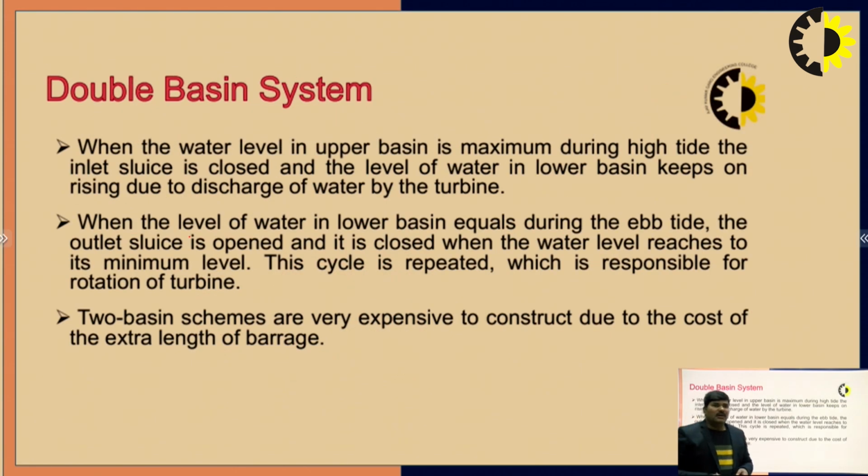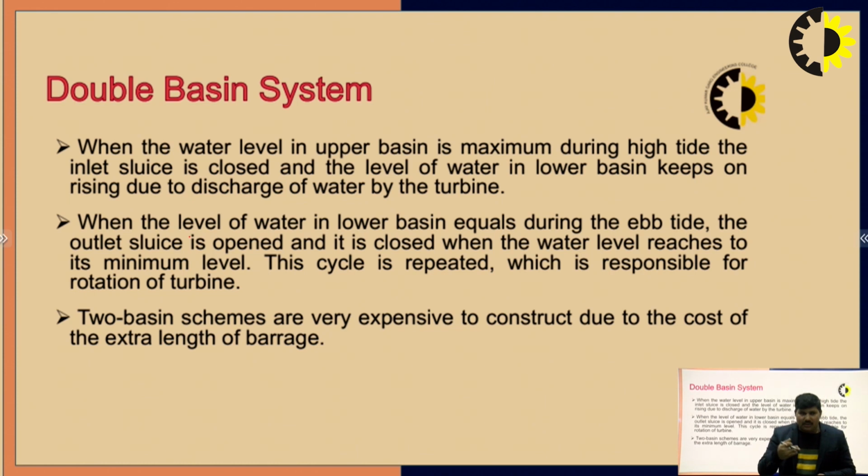In the double basin system, when the water level in the upper basin is maximum during high tide, the inlet sluice is closed, right? And the level of water in the lower basin keeps on rising due to the discharge of water by the turbine.